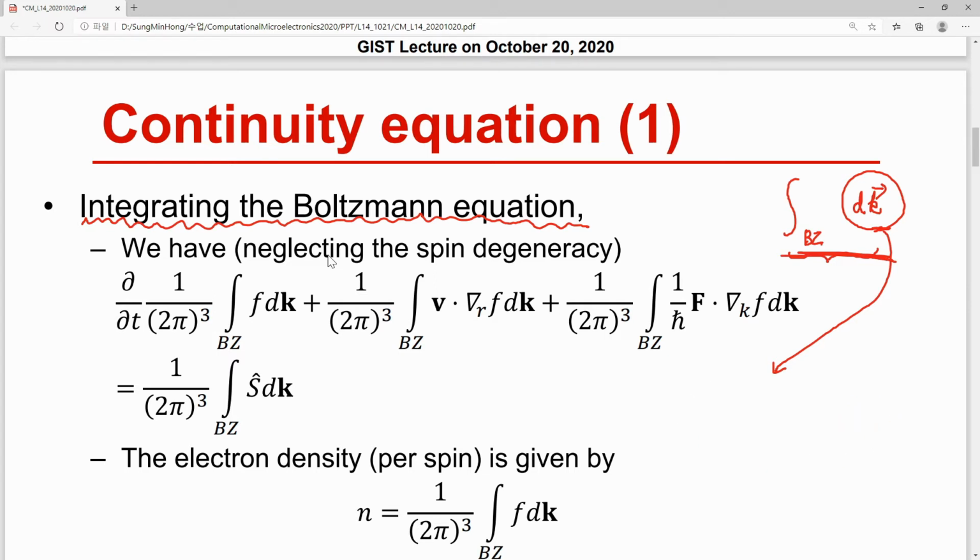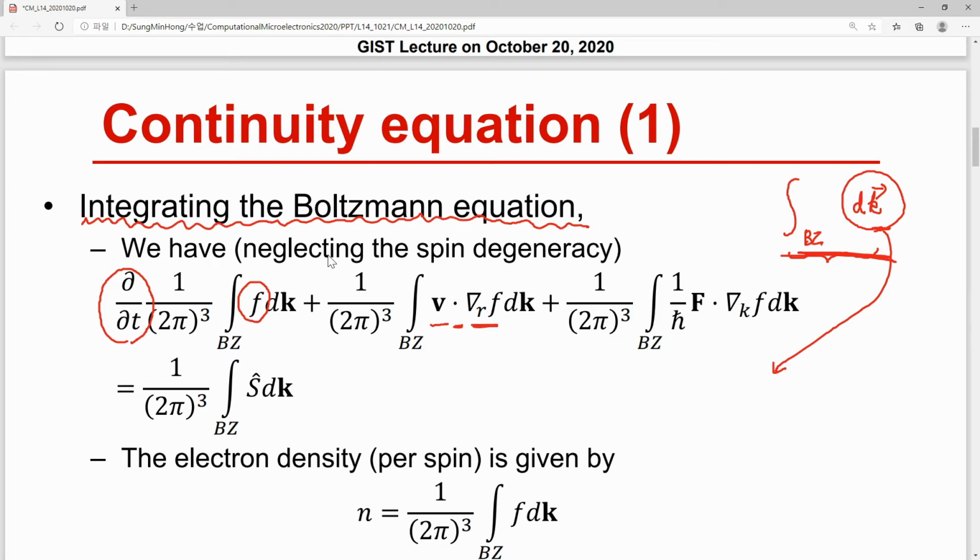In this case, you can see that this is f and its time derivative. Here you have v times the gradient of f in real space.